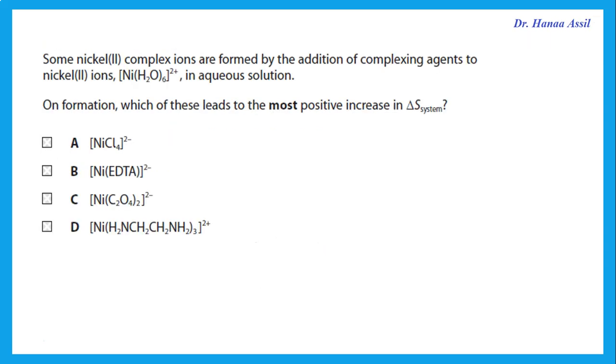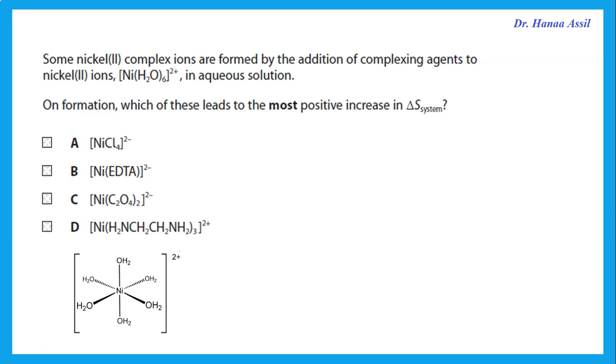Some nickel complex is formed by the addition of complexing agents to nickel 2+. Which of these leads to the most positive increase in delta S system? I want to tell you that if you replace a monodentate ligand with a bidentate, or a bidentate with a hexadentate, the more dative bonds formed by the ligand, the more positive the increase in delta S system.